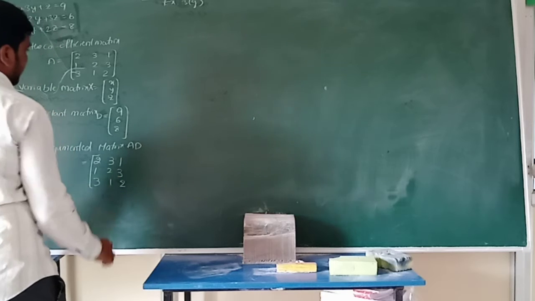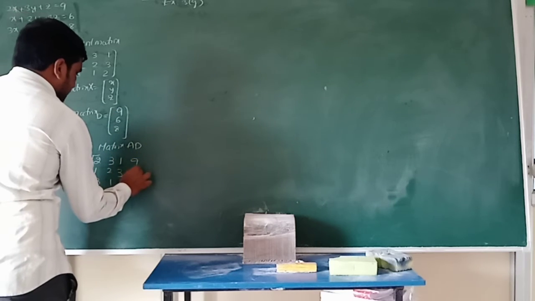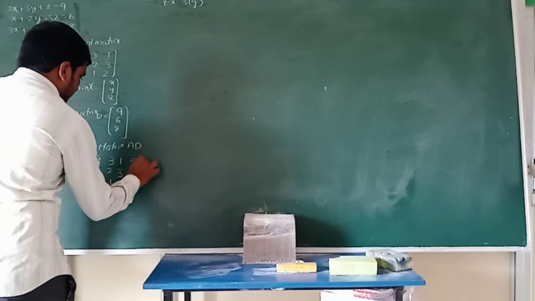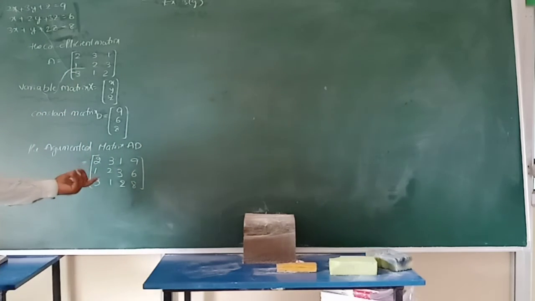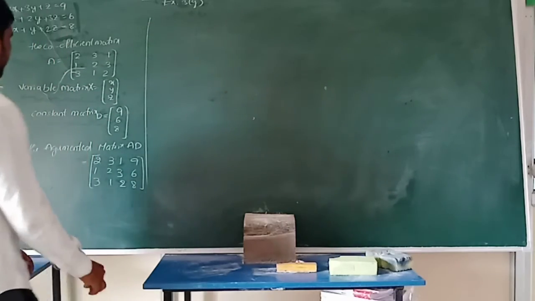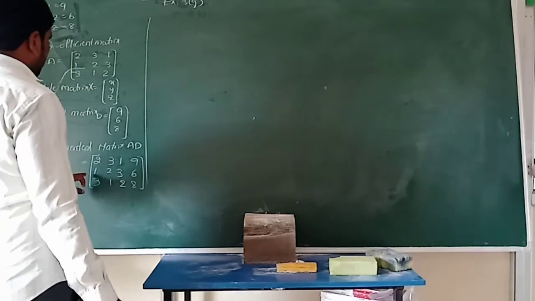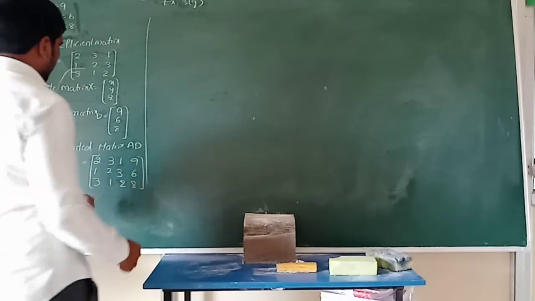This is matrix A, and D means this column 9, 6, 8. So this is the augmented matrix AD.